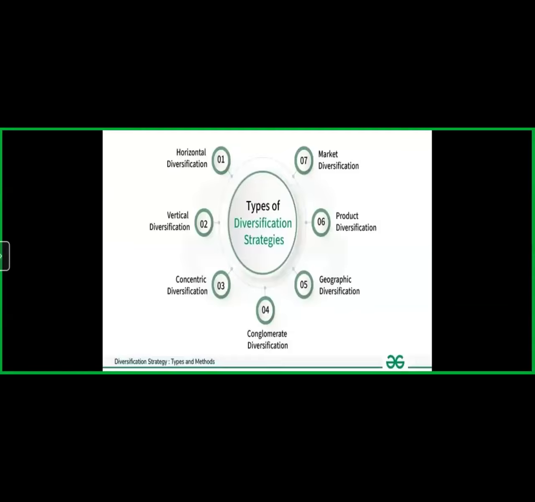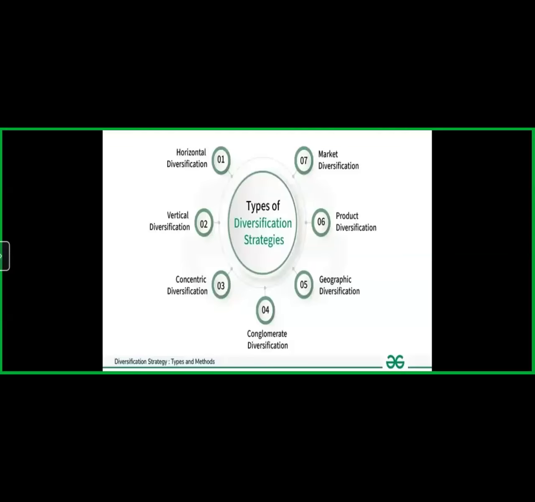For example, one organization which is manufacturing its product or offering its services from Pune. Now, it wants to diversify, do the expansion, or set up another plant in Mumbai, another plant in Nagpur, another plant in Sambhajinagar, another plant in, say, Satara.